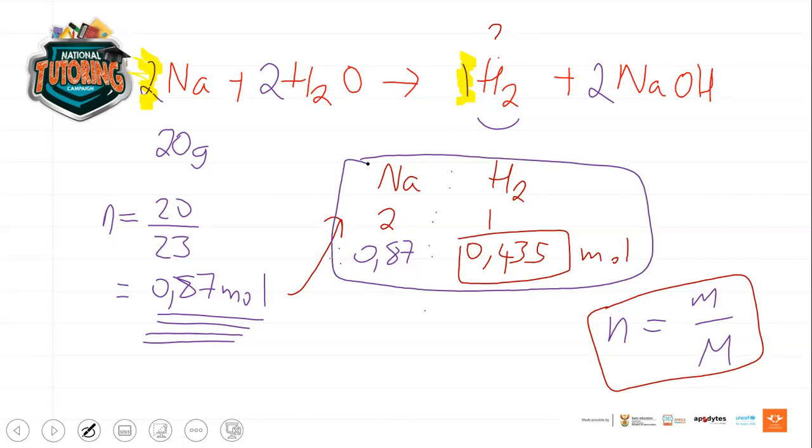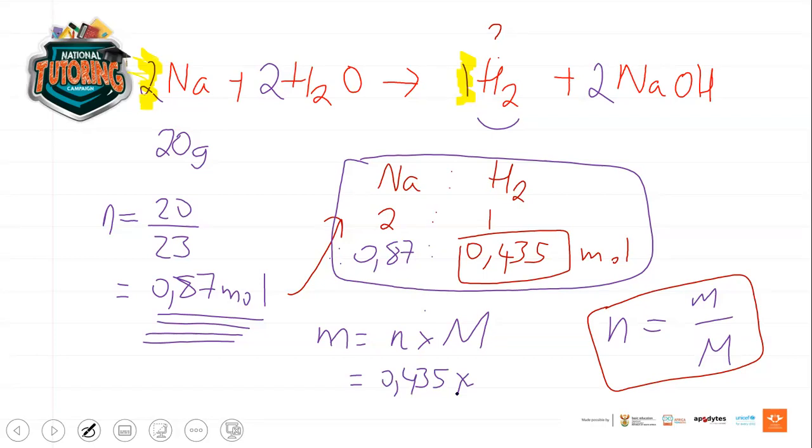Now that I know the number of moles, I can work out the mass of hydrogen. So mass is equal to the number of moles times the molar mass. How many moles of hydrogen do we have? We worked it out to be 0.435. What's the molar mass of hydrogen? Remember, the molar mass of hydrogen in the periodic table is 1.